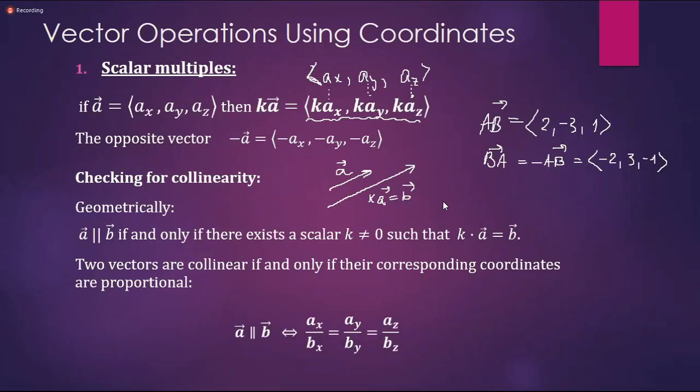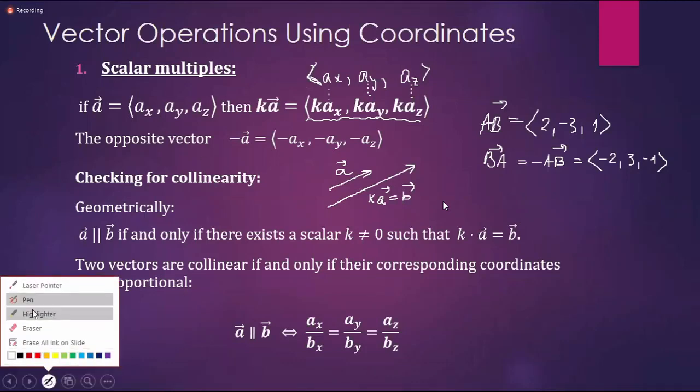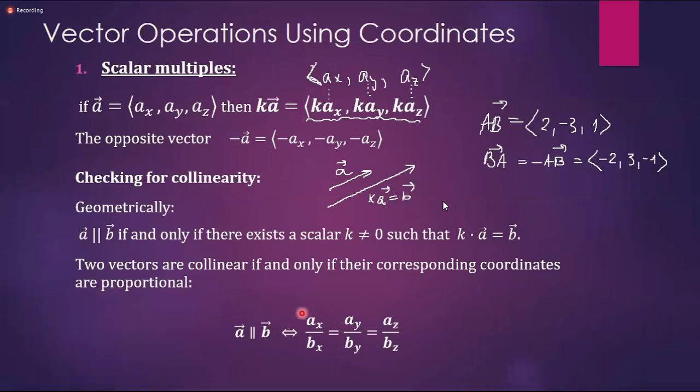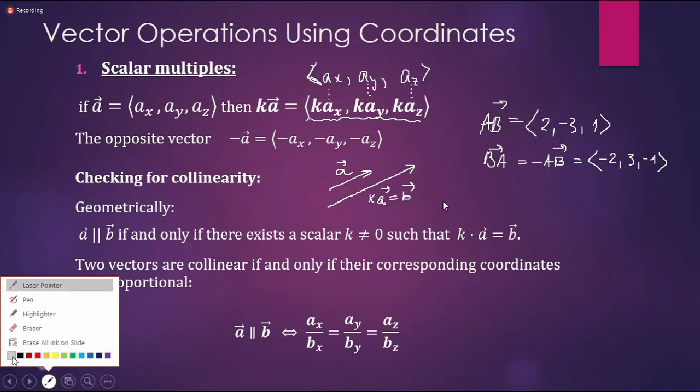So the ratio of the x-coordinate of A to the x-coordinate of B is the same as the ratio of the y-coordinate of A to the y-coordinate of B, which is the same as the ratio of the z-coordinates. So if you have two vectors, you can check whether they are collinear.